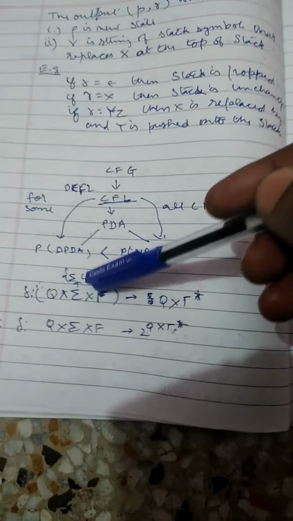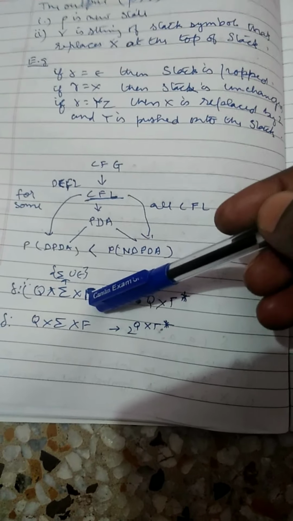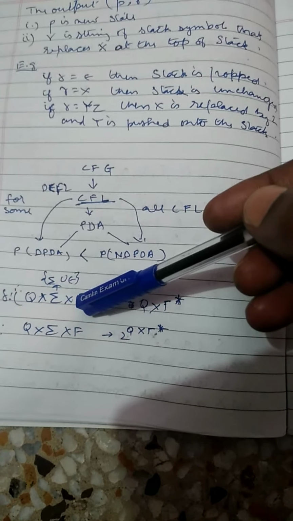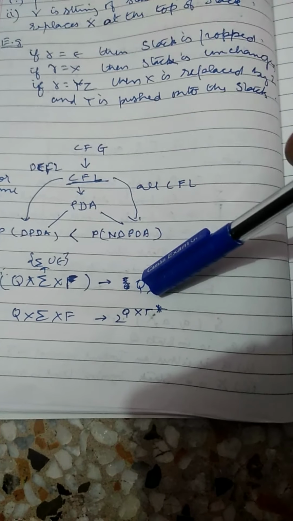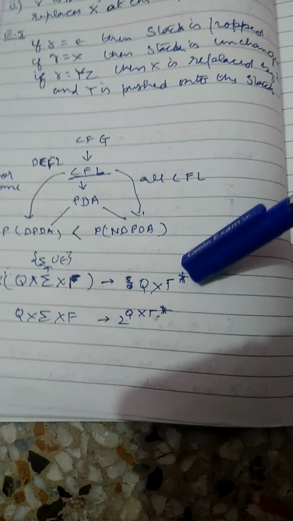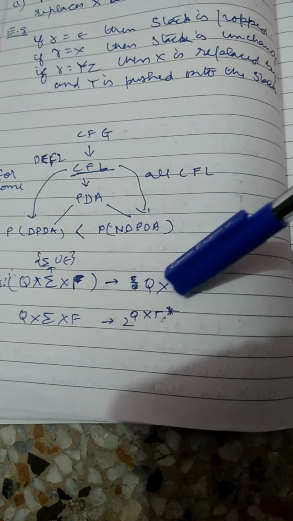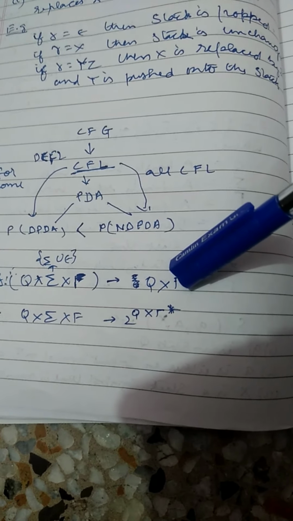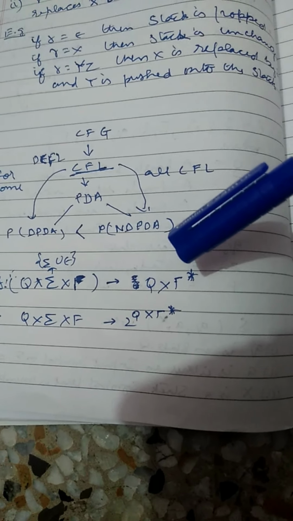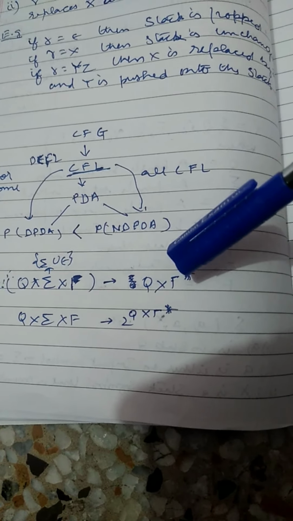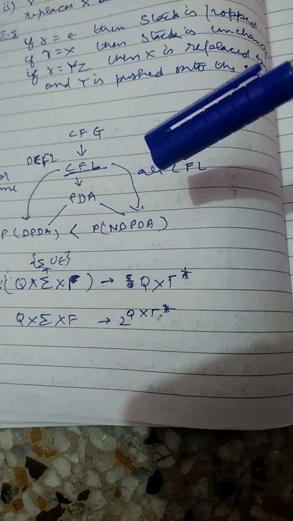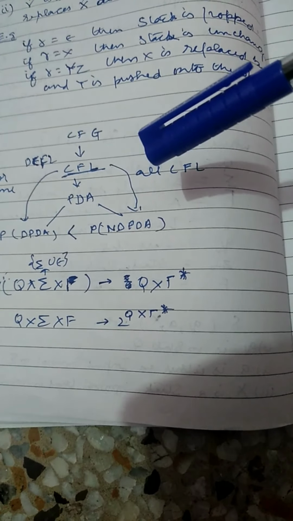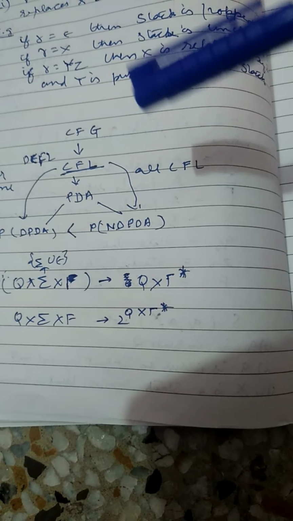Then into tau, the topmost symbol on the stack, which will produce a state in the finite control unit, and tau star, meaning the state of the stack gets changed, either a pop operation, a push operation or a skip operation is performed.